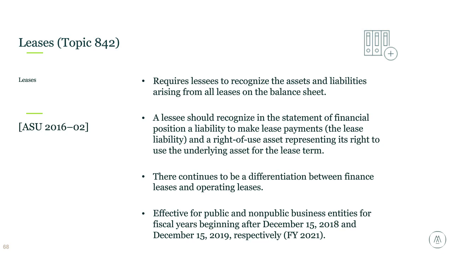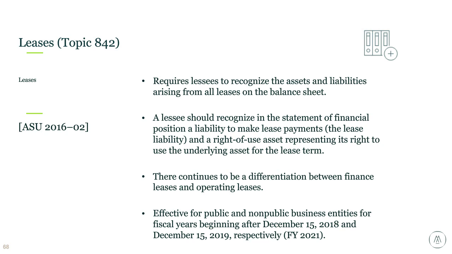So under the new guidance, which was issued back in February 2016, the lessee will be required to recognize assets and liabilities for leases with lease terms greater than 12 months. So the lessee should recognize on the statement of financial position a liability to make lease payments, and the right of use asset representing its right to use the underlying asset for the lease term.